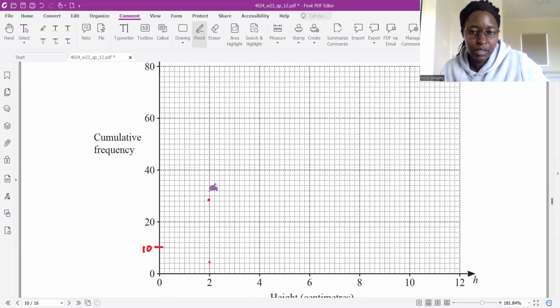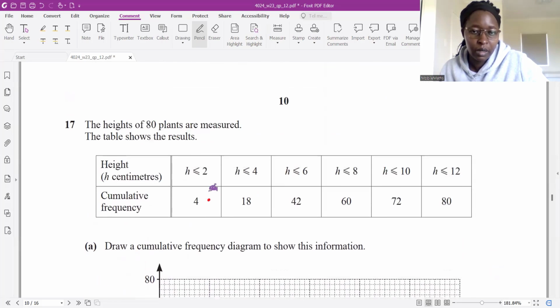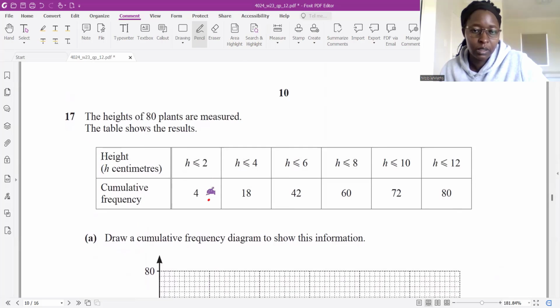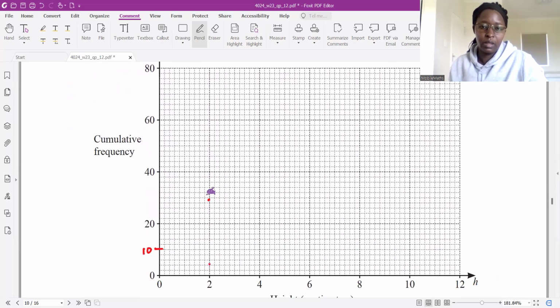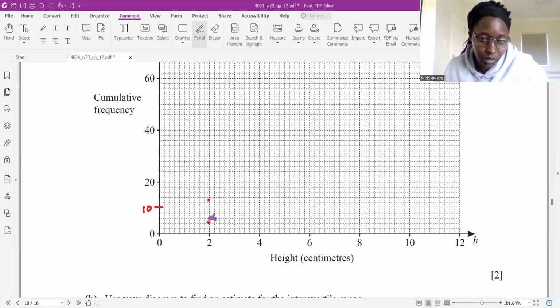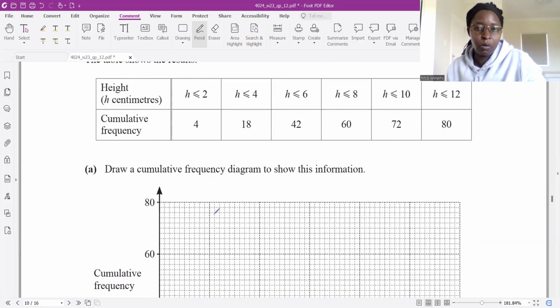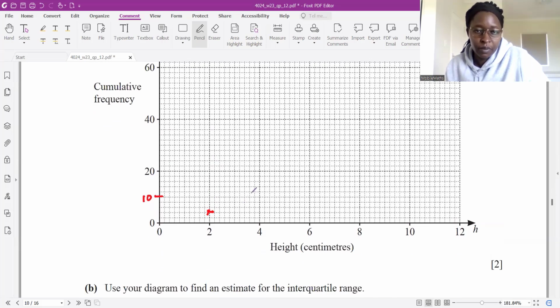Then the other one is, okay, I have something moving up and down here. So this is the first point here that we had. Then for 4, it's 18. 18 is just 1 box down here.